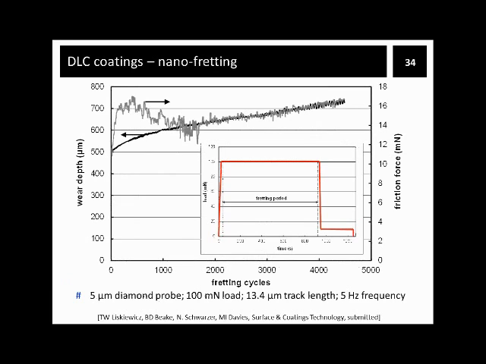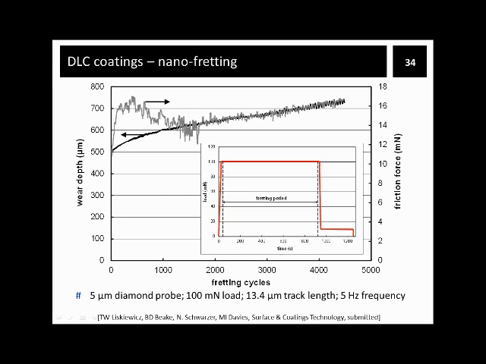This is a typical result showing fretting behavior of DLC coating A, with evolution of wear depth in black as a function of force, and friction force in gray as a function of fretting cycles.